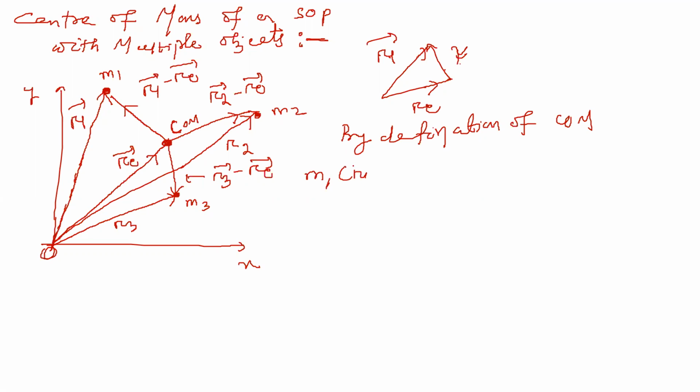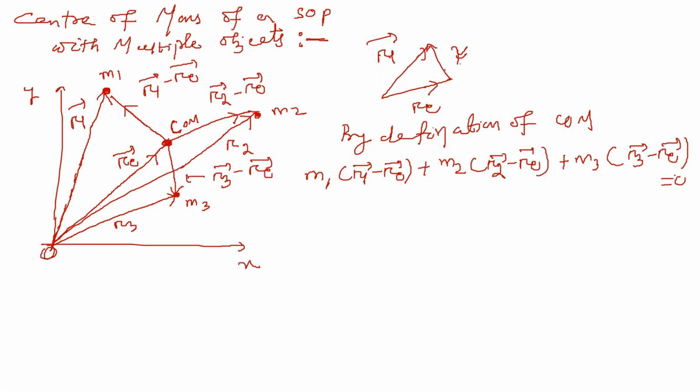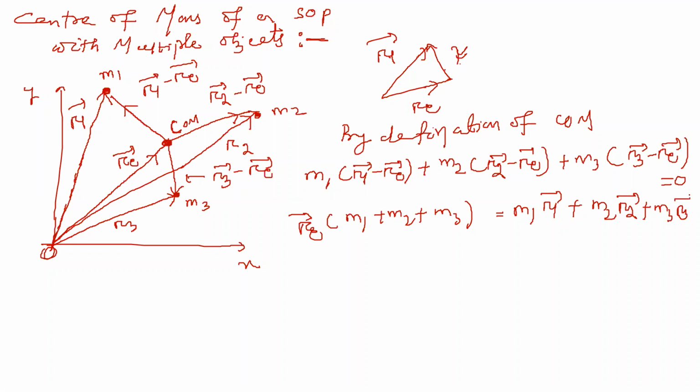That means M1 into R1 minus RC, plus M2 into R2 minus RC, plus M3 into R3 minus RC, is 0. Open the bracket and bring RC to one side: you will get M1 plus M2 plus M3 times RC equals M1 R1 plus M2 R2 plus M3 R3. We're taking a 3 object system here, then we'll generalize to n number of objects.